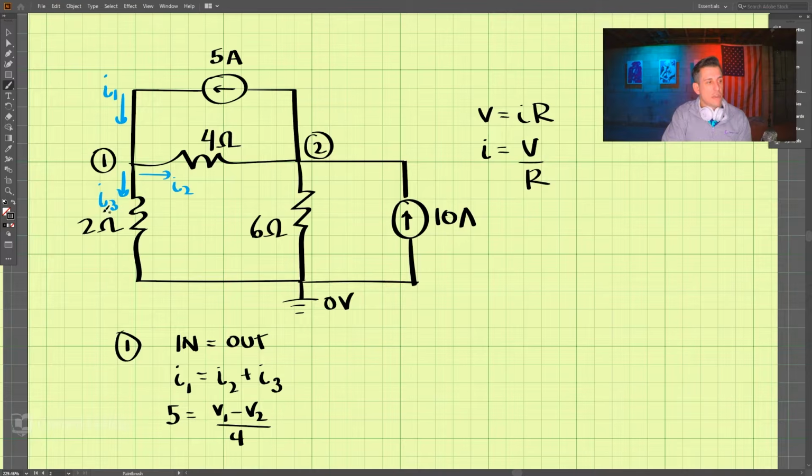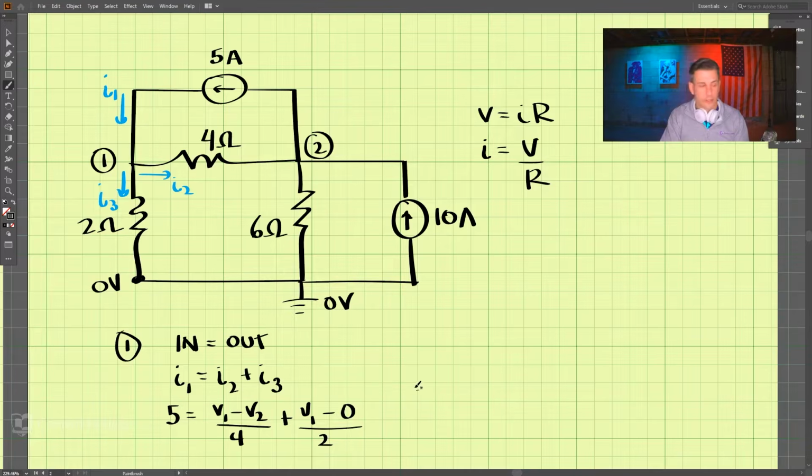And then I3 is the same thing. So we go plus V1 minus, at this point, remember, this is 0 volts. So V1 minus 0 divided by this resistance, 2.